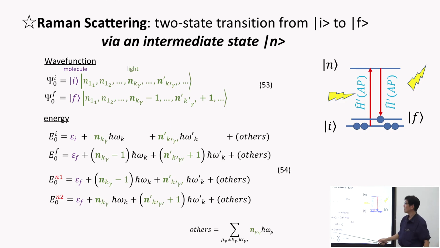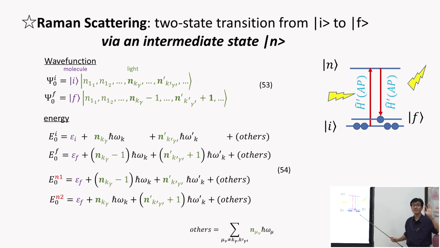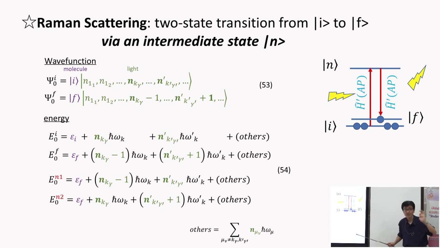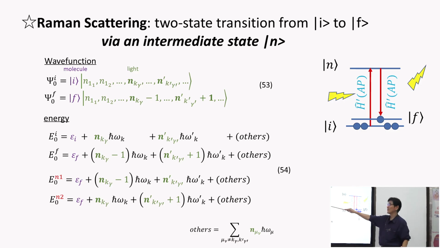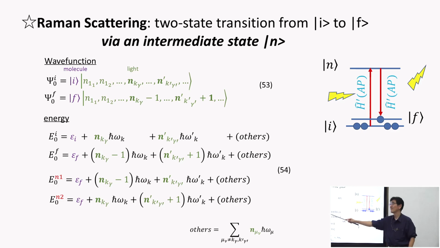That is, I explained AP contains a creation operator and an annihilation operator. So it may increase the number of photons or decrease the number of photons. Anyway, in the final state, something decreases 1 and something increases 1, but there is no hint about the order of decreasing and increasing. In that sense, we should consider two intermediates.